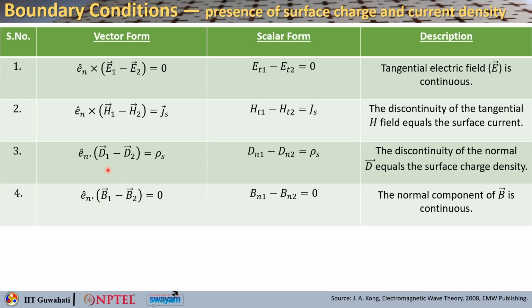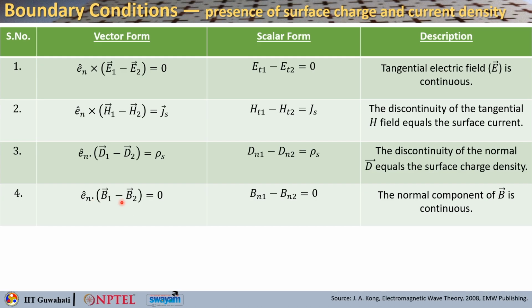Similarly, the discontinuity in the normal electric flux density will be the same as the surface charge density. In scalar form you can simply write Dn1 minus Dn2 equals rho_s.